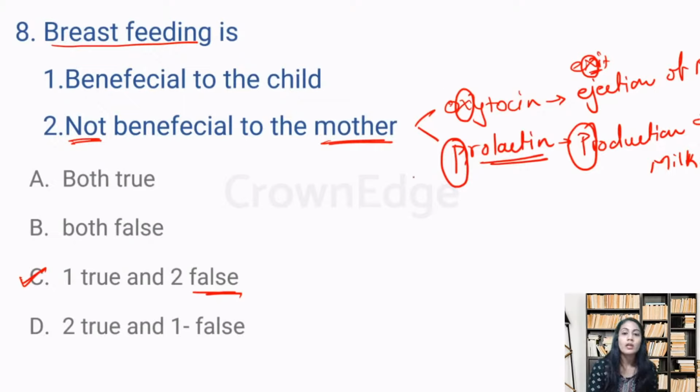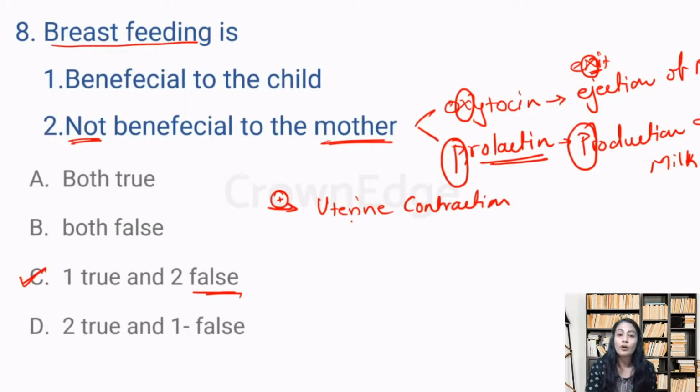But how is that going to help the mother? Remember, these two hormones do a very important thing. They are going to promote uterine contraction after the delivery. Obviously the breastfeeding starts after delivery, right?